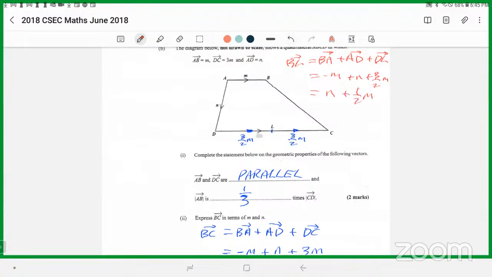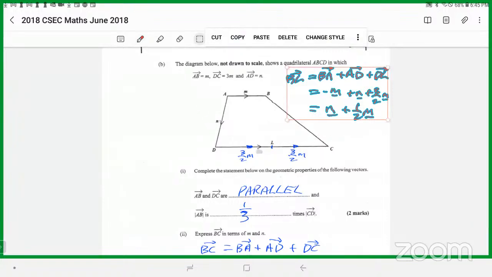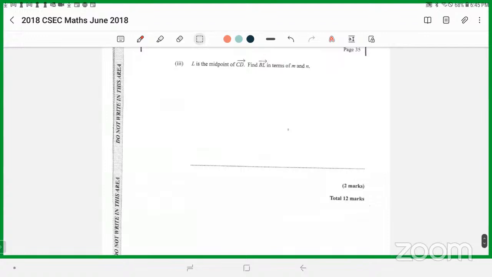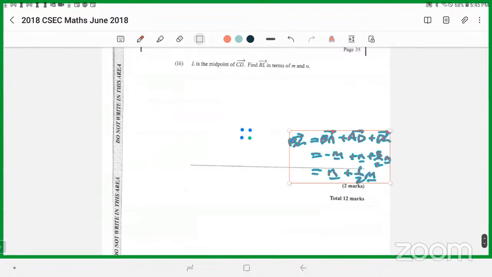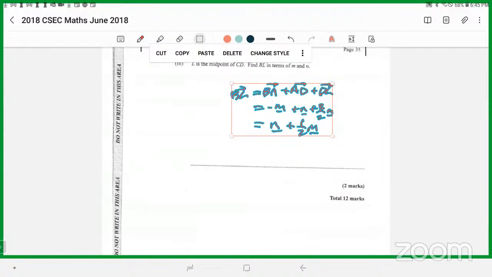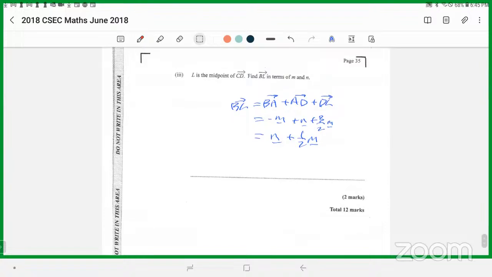Same thing as I told you. So these would be my answers. That's my BL. Let's copy it down. Very easy questions. Change the color to blue. That's it.